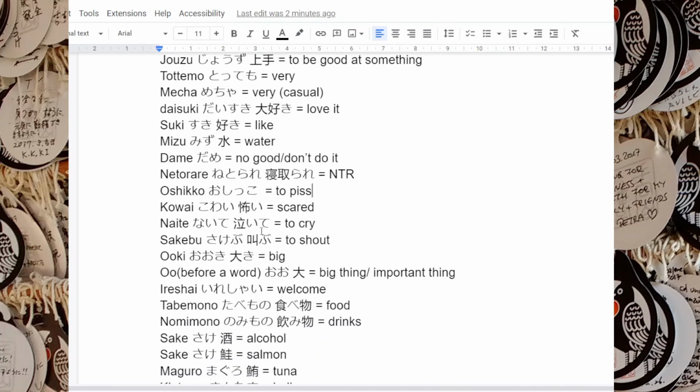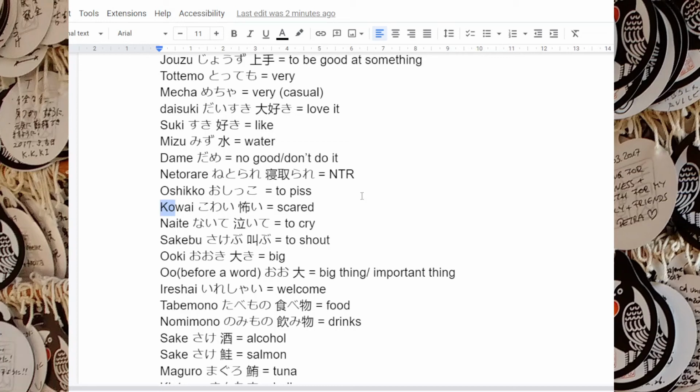Kowai. Now, this is also important to pronounce the right. Pronounce the ko bit much louder than kawaii, because of course kawaii means cute and kowai means scary. So very, very different.